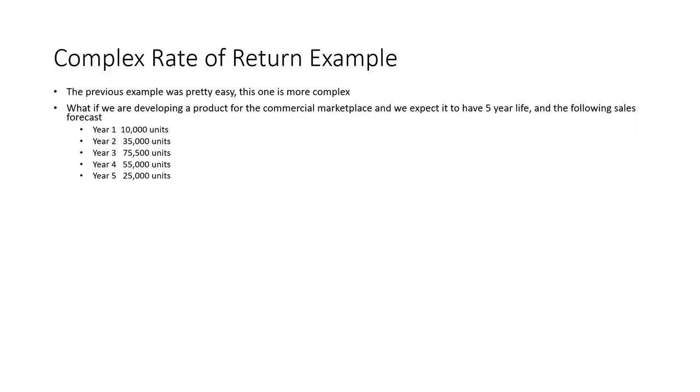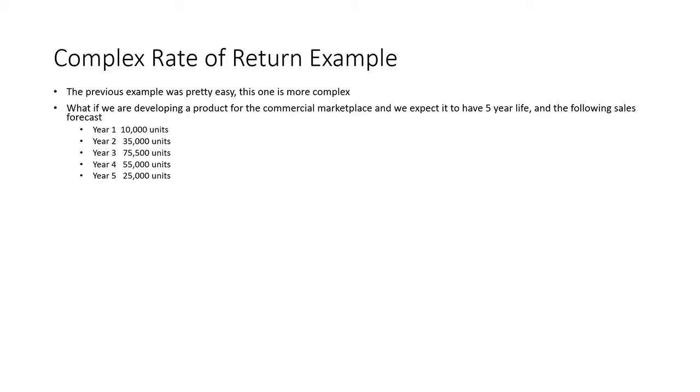The way we go about doing this is to look at a sales forecast over a defined period of time for the product or service that we're desiring to develop.